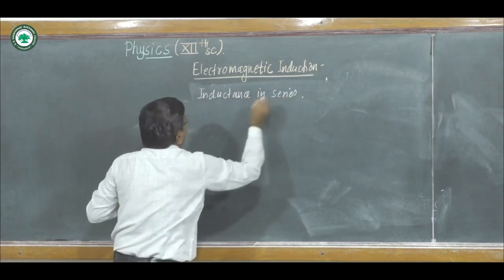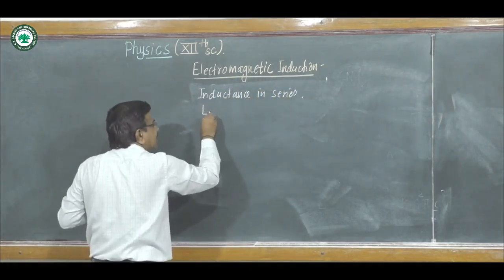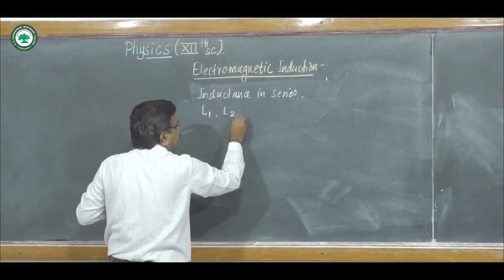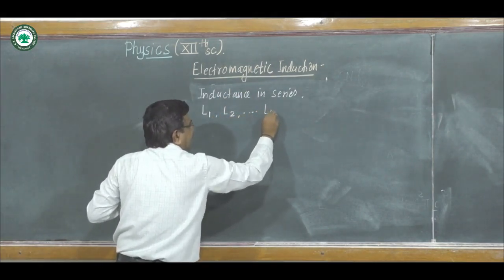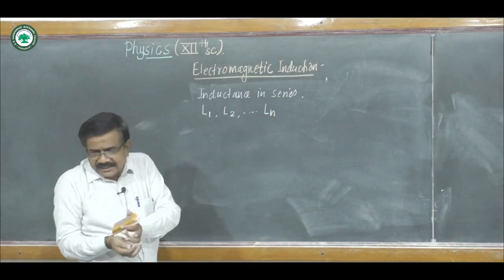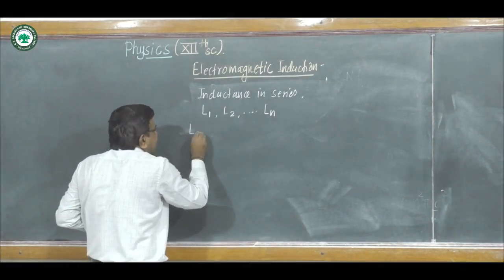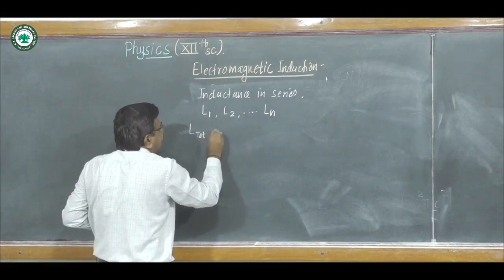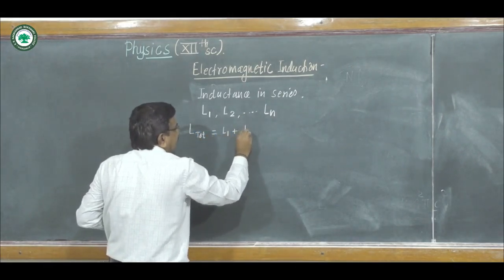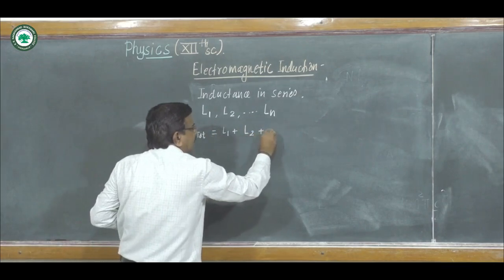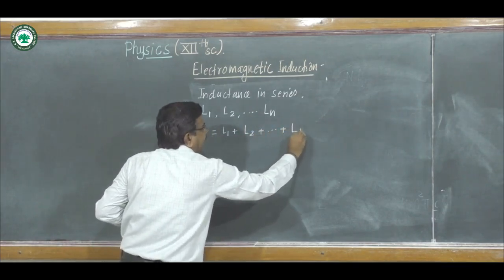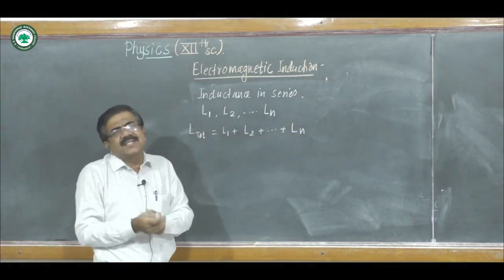If a number of inductors having self inductances L1, L2, up to Ln are connected in series, the total inductance is the addition of these: L1 plus L2 plus Ln, similar to resistances in series.